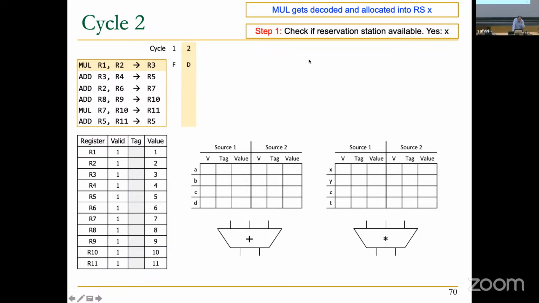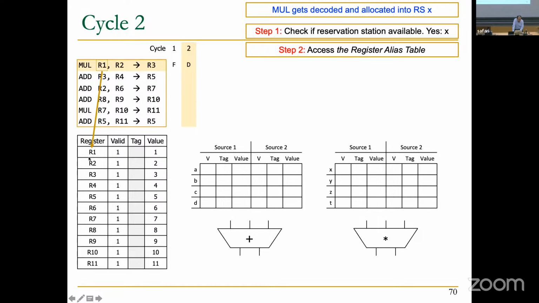We check if a reservation station is available. Yes, we have plenty of empty spots. So the first one, X, is actually empty. So we access the register alias table. We know that the multiplication is going to write to R1, right?